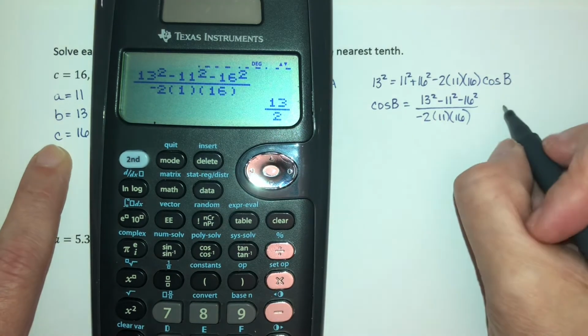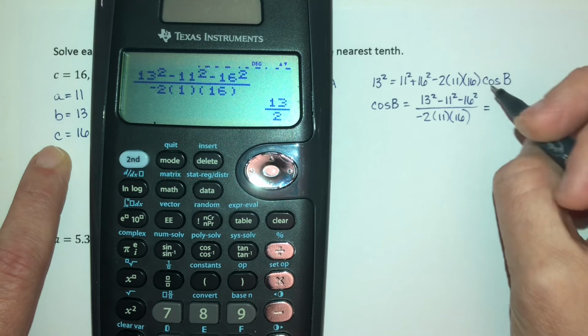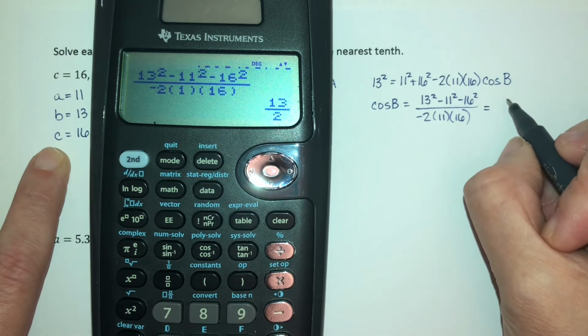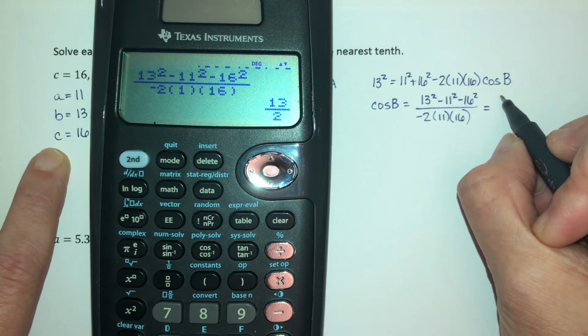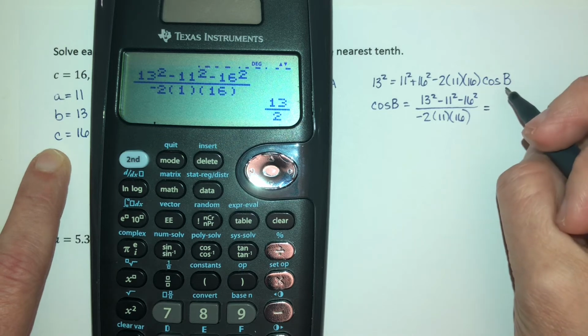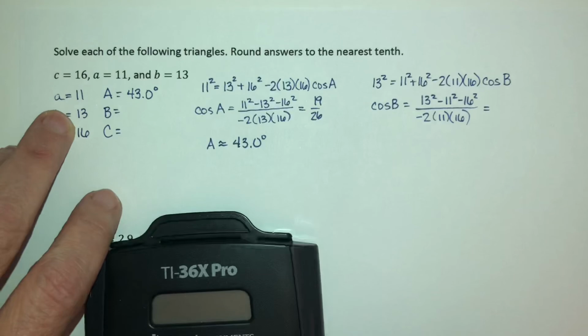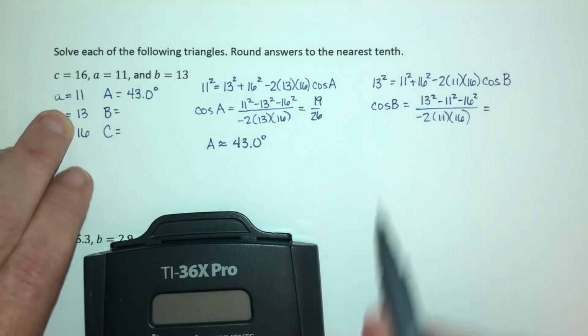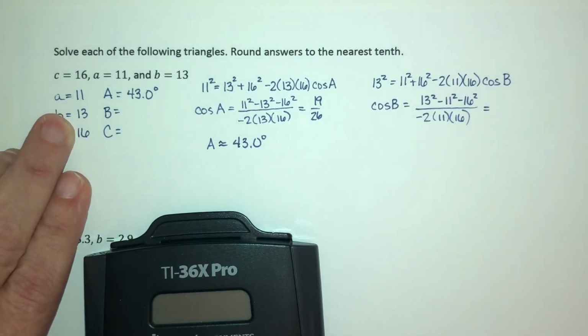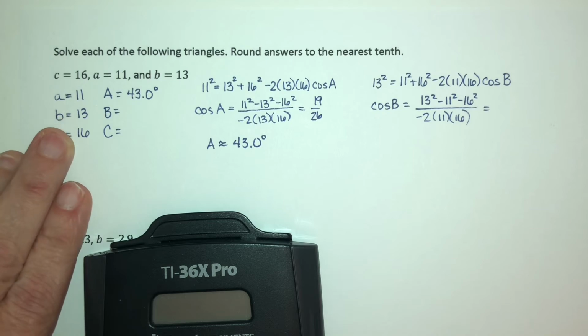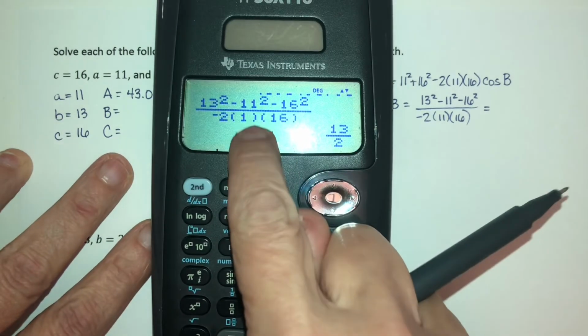And I get that that is exactly equal to 13 over 2, and I don't think that's right. What did I do wrong? 13 squared, 11 squared, 16. Oh, I entered 1 here and not 11.